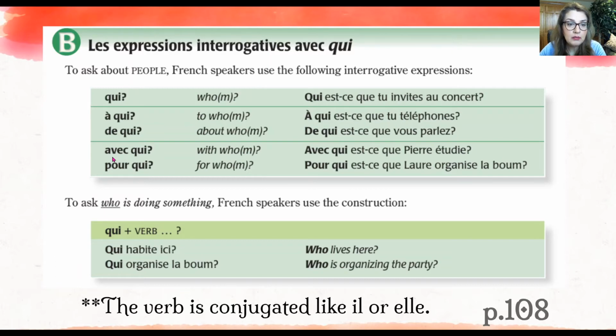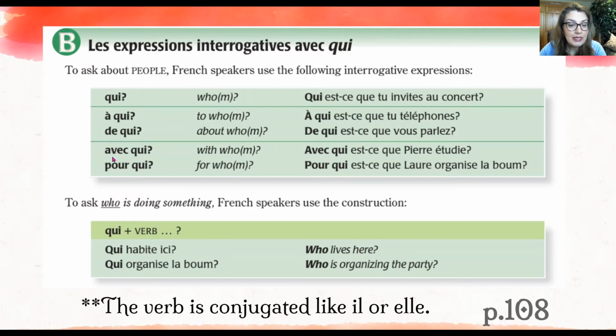Pour qui means for who or for whom. Pour qui est-ce que Laure organise la boum? Whom does Laure organize a party for? Now, to ask who is doing something, French speakers use the construction qui plus verb plus rest of the sentence plus question mark.